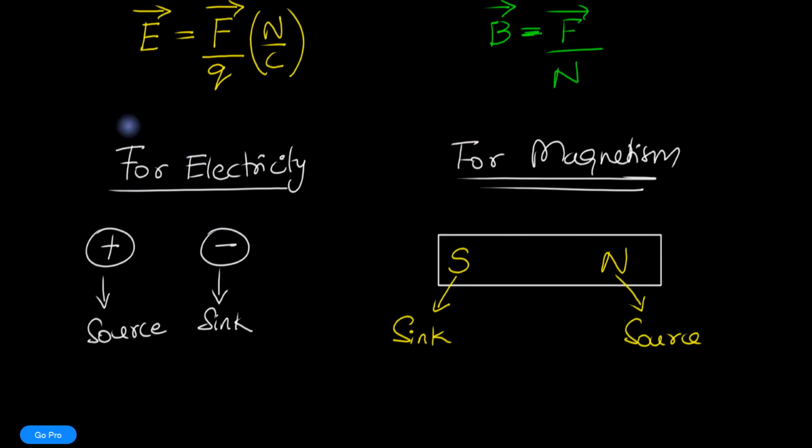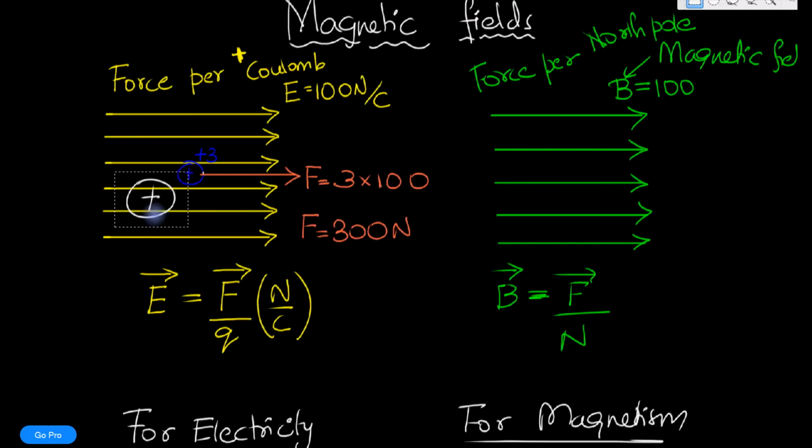You see, over here, what we could do is, we could take a positive charge, and we could move it over here, and we could keep it over here, and then that positive charge would experience a force in this direction, right?